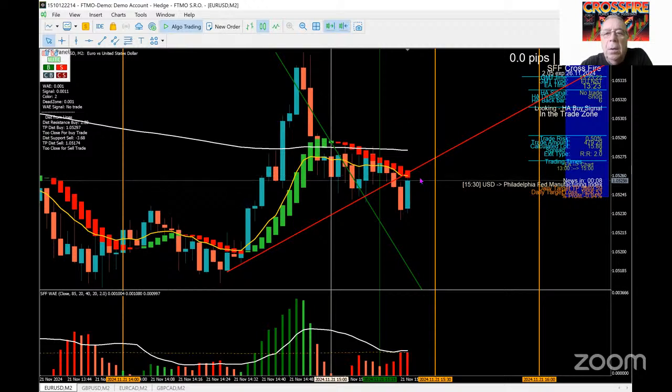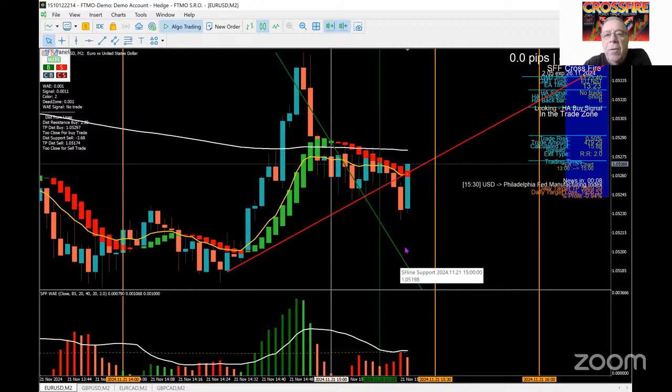Are prices currently below the red trend line? So I'm only looking for sells. Actually, no, the trading assistant has prioritized the green one. So I'm currently looking at being above the green trend line, therefore I'm looking for buys. So the trading assistant is only looking for buys.